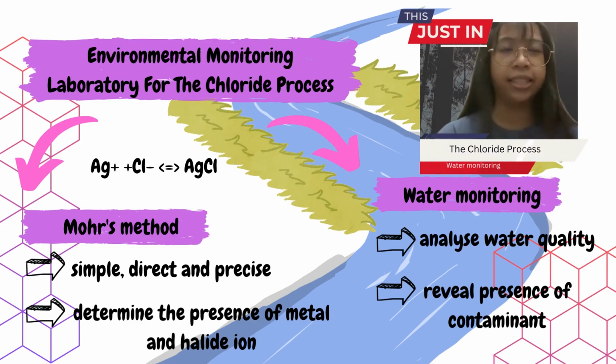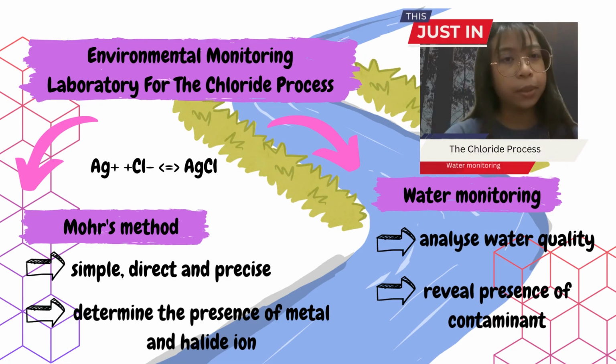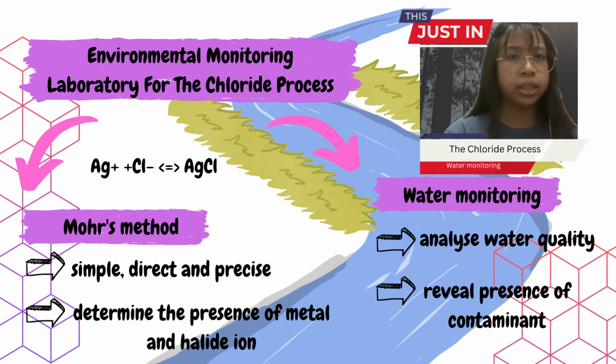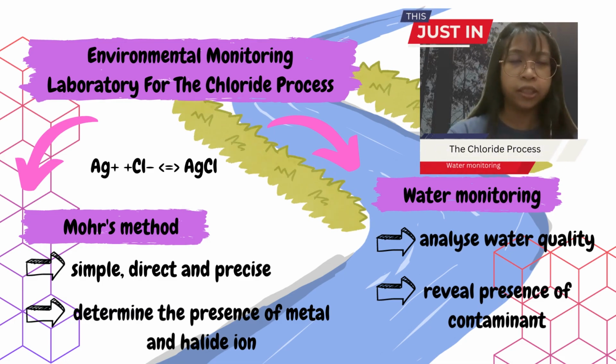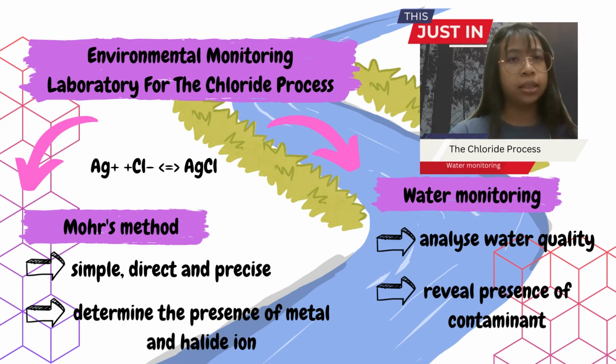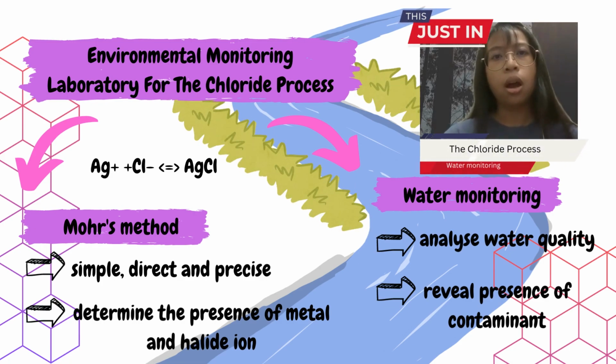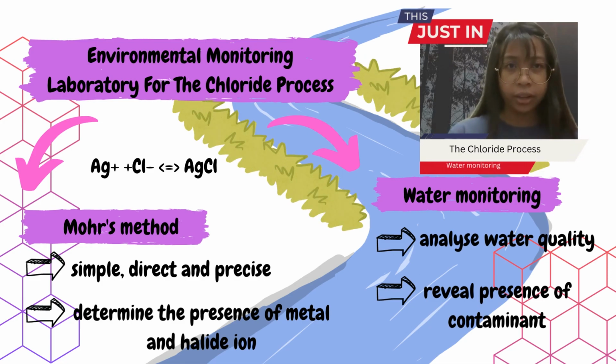It is highly sensitive to pH. This is because the pH range is very important to determine the chloride concentration in the Mohr method, because at higher pH, silver ion may be eradicated and the precipitation of hydroxide ion may take place.